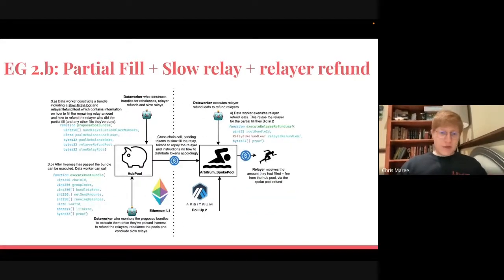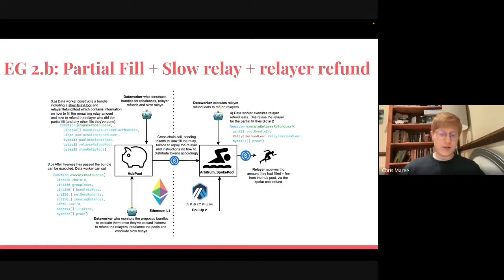So yeah, we construct the slow relay route, which will actually fulfill the remaining amount of the relay that the relayer did not fulfill. And we can construct this bundle and then send it across the canonical bridge. So the hub pool sends a message over the canonical bridge, and this includes the actual funds to fill the shortfall, right? The relayer couldn't fill the relay in totality, so we send the remaining funds over the bridge to the spoke pool to fulfill the remaining component of the relay.